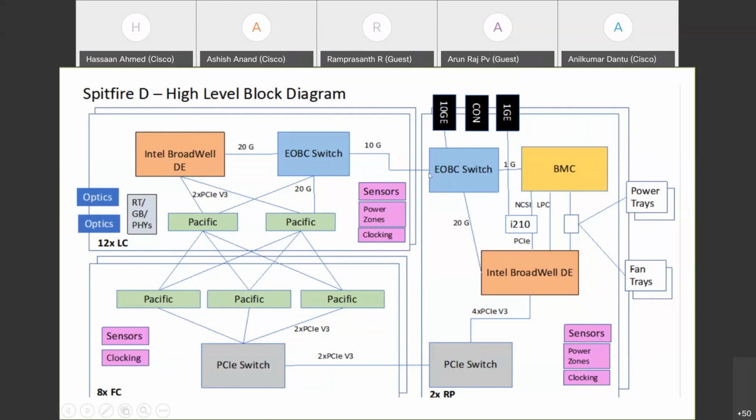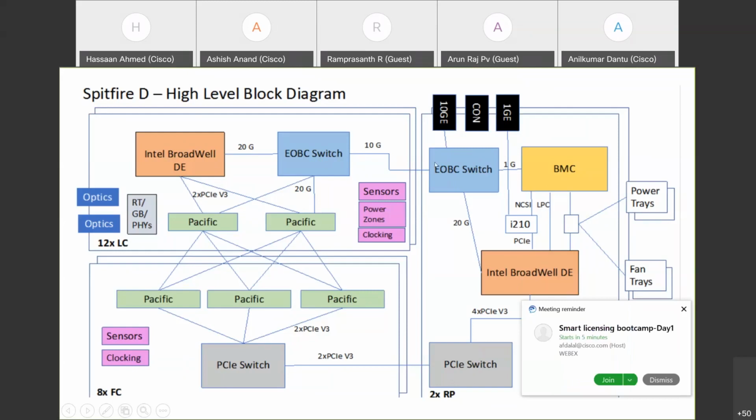It is pretty much the same as we have in NCS 5500, similar VLANs, and you have your show controller switch commands. Similar commands work for this, which is used for connectivity between the LC and the RP.